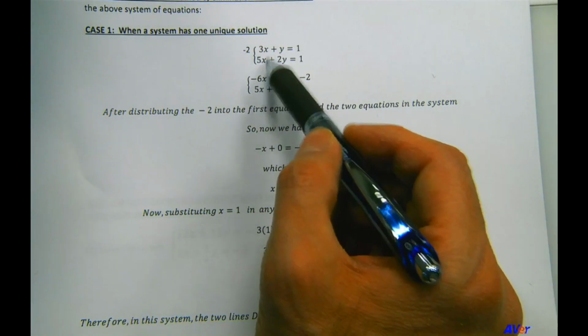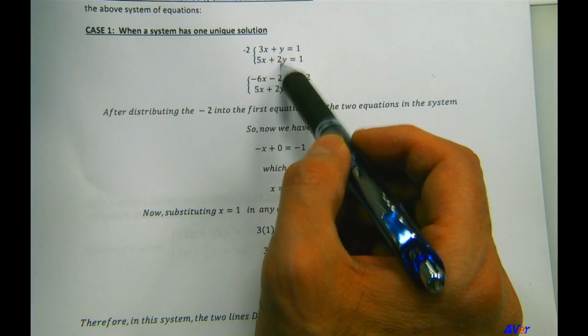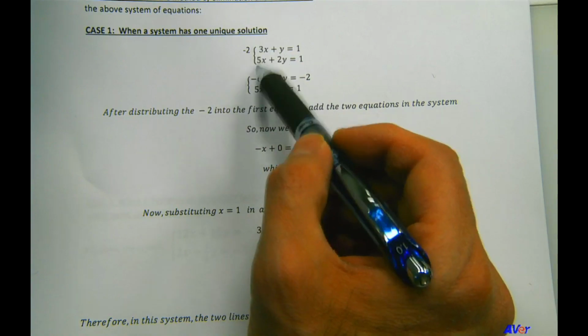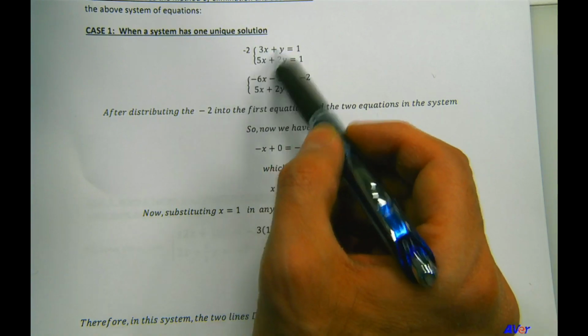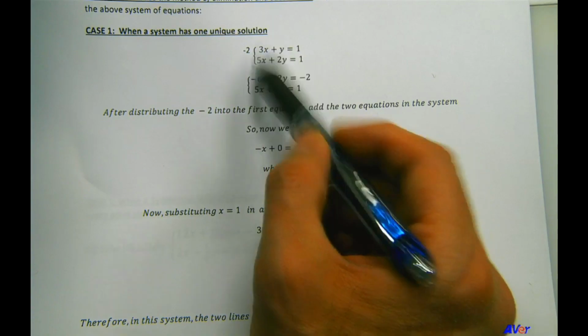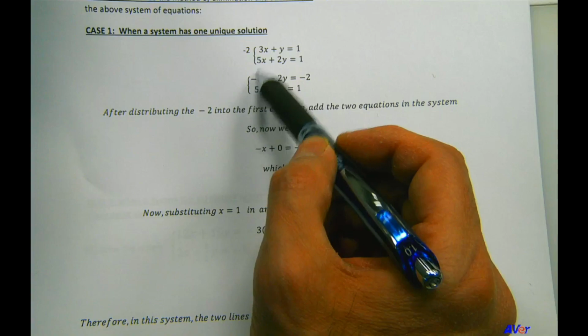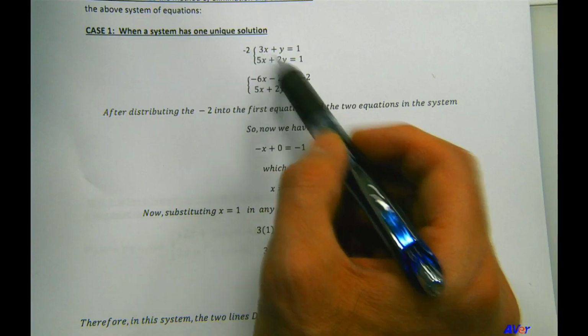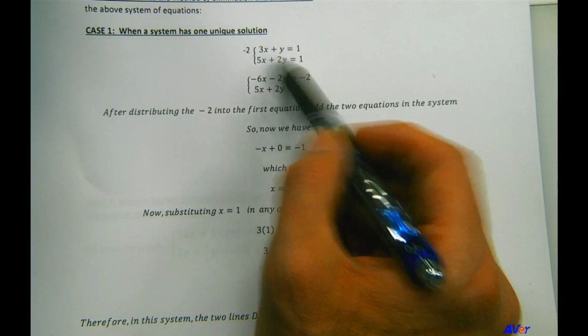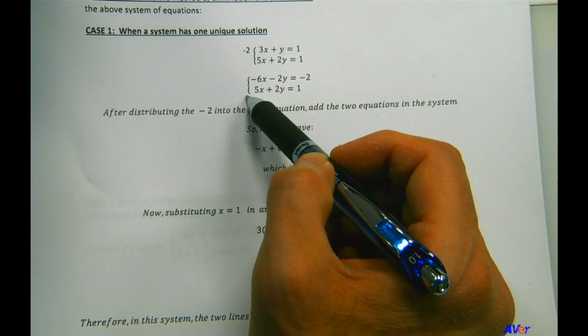It doesn't matter which variable, as long as you do it the correct way. You can either choose the x variables to eliminate or the y variables. And once you eliminate one of the variables, you can easily solve for the other variable. And then you plug that back into any of the original equations and solve for the variable that you eliminated in the beginning.